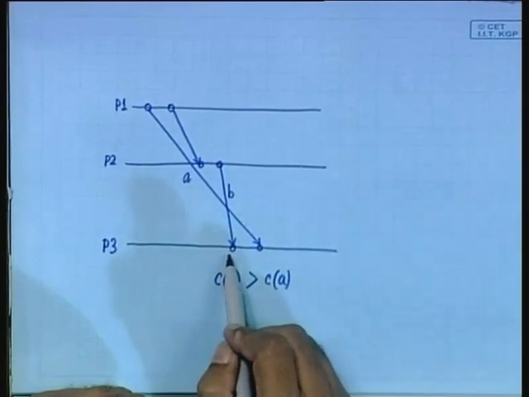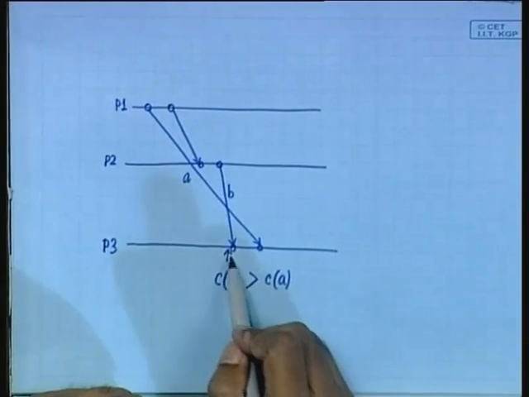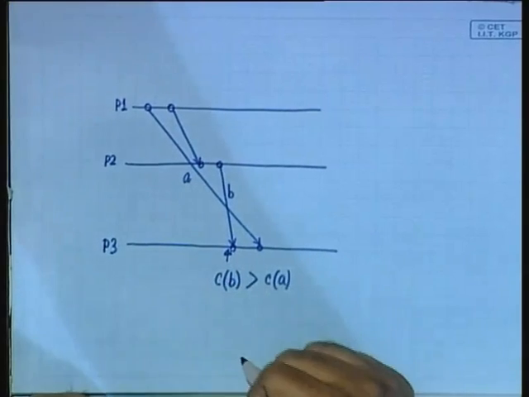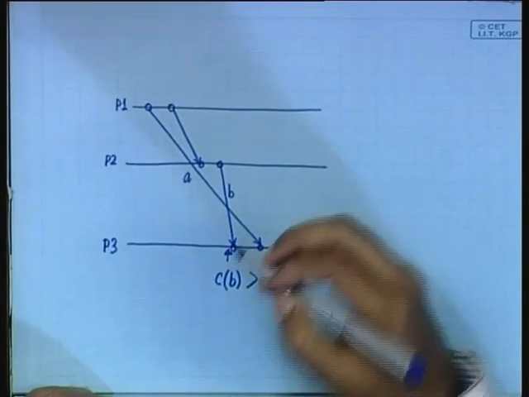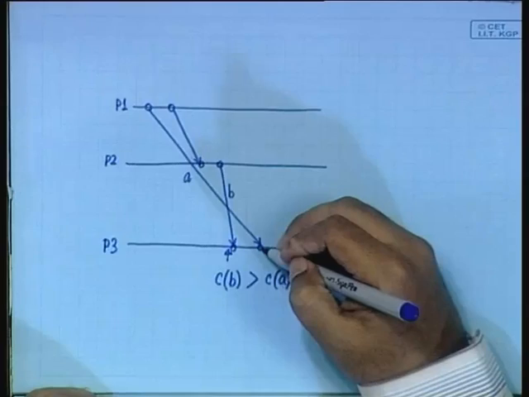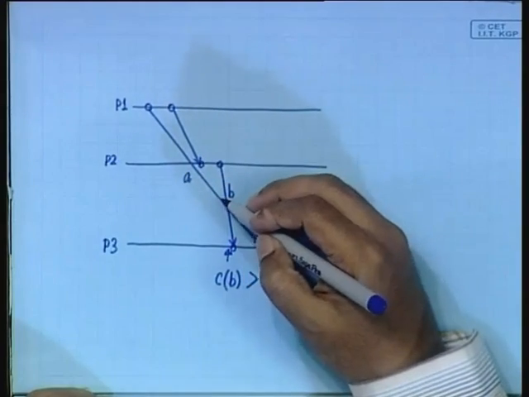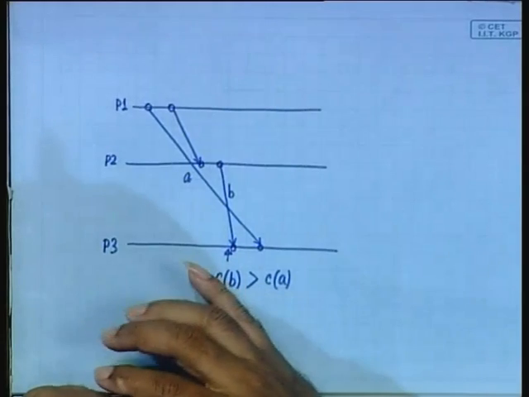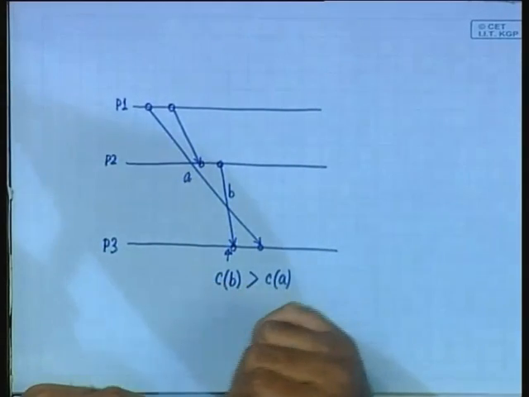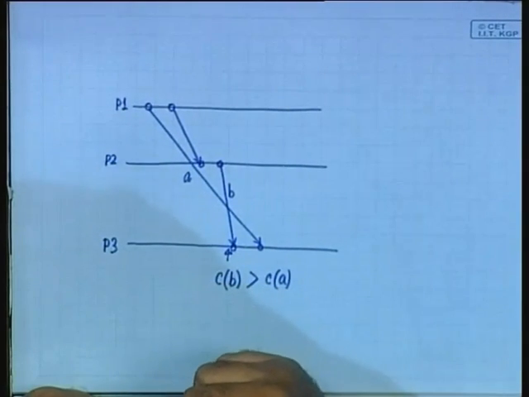So, the point is, when I receive B, should I deliver it or should I wait? If I deliver it and A comes, and in this case actually A has happened before B, then I am delivering messages out of order, right.